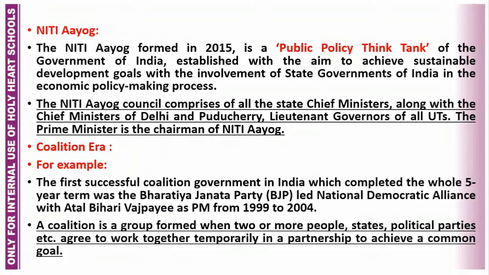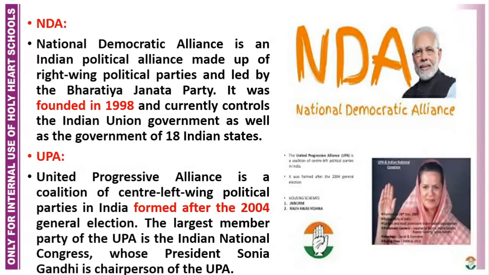So you see, normally we talk about coalition related to the political parties. When more than one party combine together and form the government, it is called the coalition government. And nowadays this is going on in India and we call it a coalition era.